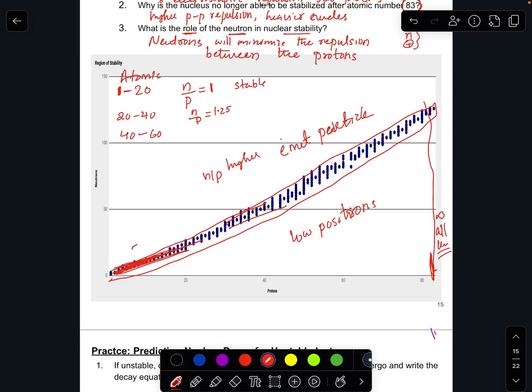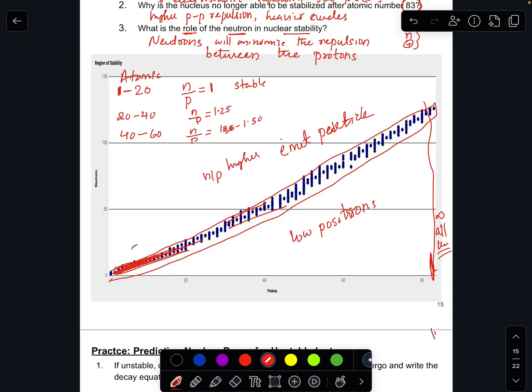If it is 40 to 60, N by P is between 1.25 and 1.50, let's say 1.30, something like that.